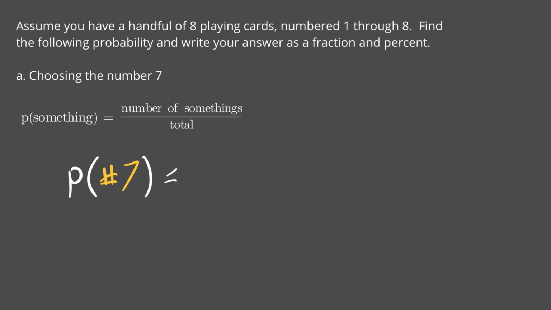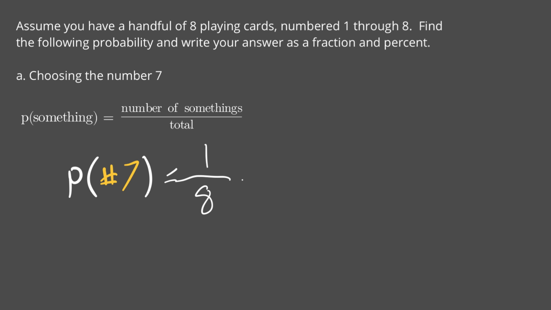So when you think about this problem, ask yourself, how many number cards are numbered 7? Well, we have 8 playing cards numbered 1 through 8, which means we have one number 7 playing card. And then we have 8 total options we could have drawn out of this deck. So our probability of choosing the number 7 is 1 out of 8.